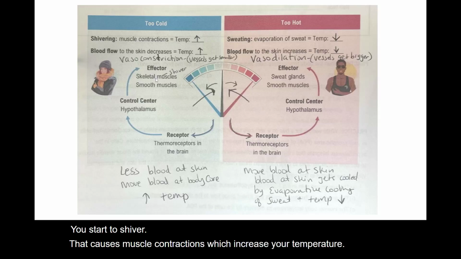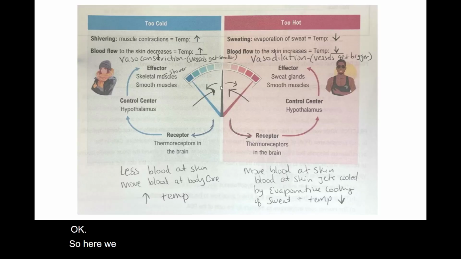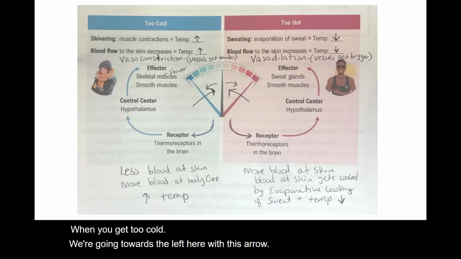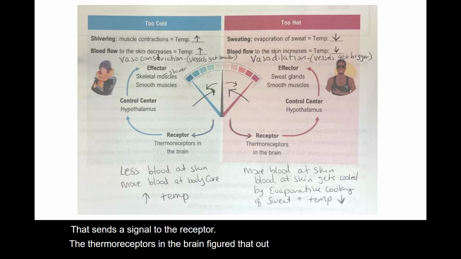Okay, so here we have the midline, the set point. When you get too cold, we're going towards the left here with this arrow. That sends a signal to the receptor. The thermoreceptors in the brain figure out that it's too cold.